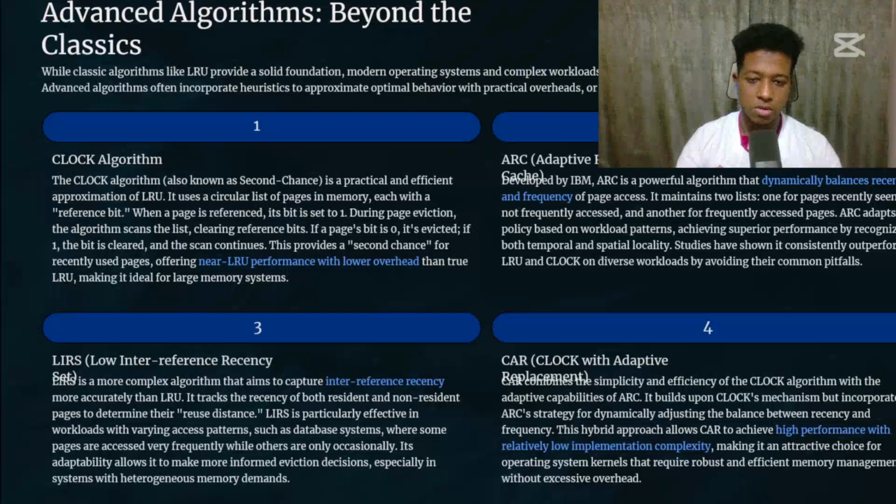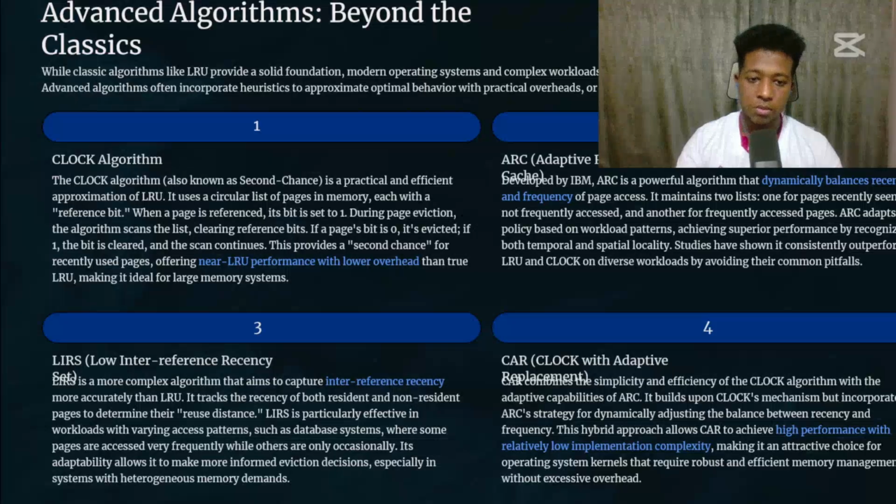And our fourth algorithm over here is CAR. It's called CAR, clock with adaptive replacement. CAR combines the simplicity and efficiency of the clock algorithm with the adaptive capabilities of ARC. It builds upon clock's mechanism, but incorporates ARC's strategy for dynamically adjusting the balance between recency and frequency.